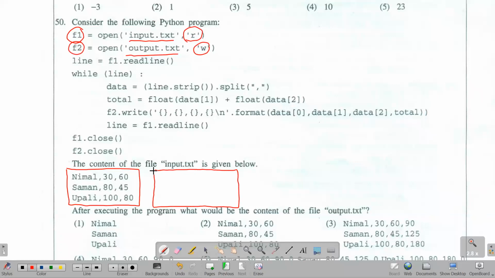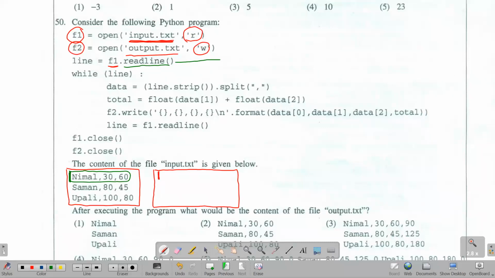This is output.txt, right? And the cursor is placed at the beginning. And it says f1.readline. F1 belongs to input.txt. So once the input.txt is open, your cursor is placed at the very beginning of the file since it is open for reading. And readline will read the very first line and convert it into a string, right?